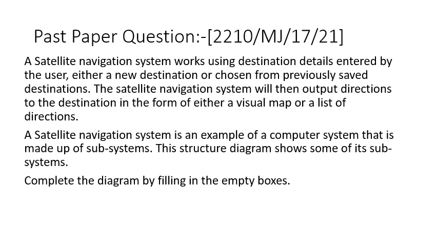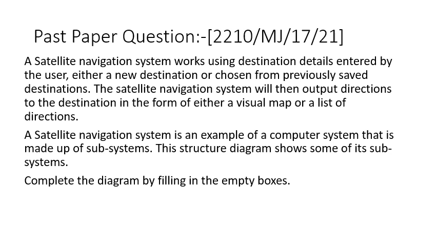So we have two inputs. The satellite navigation system will then output direction of the destination in the form of either a visual map or list of directions.